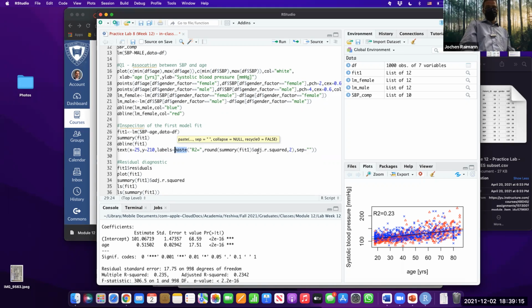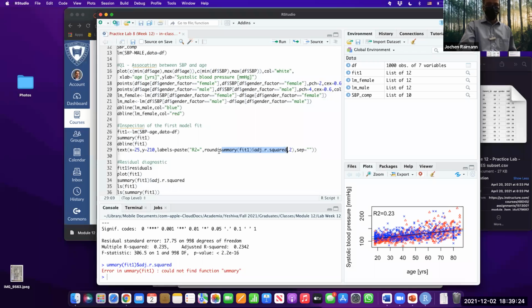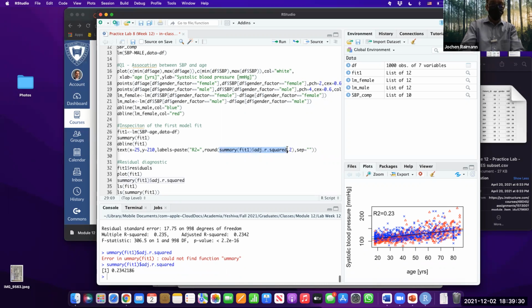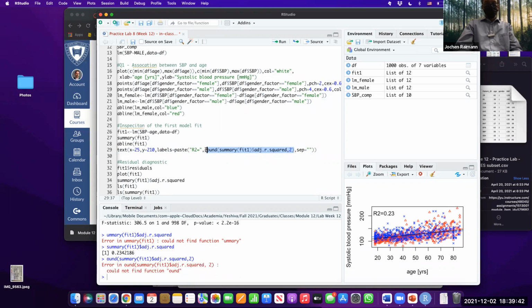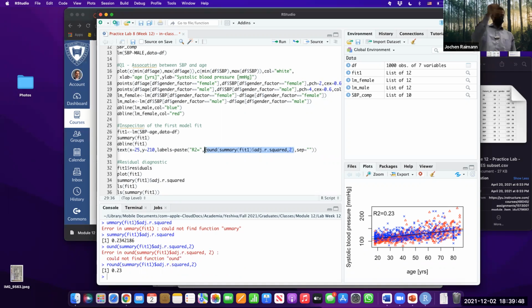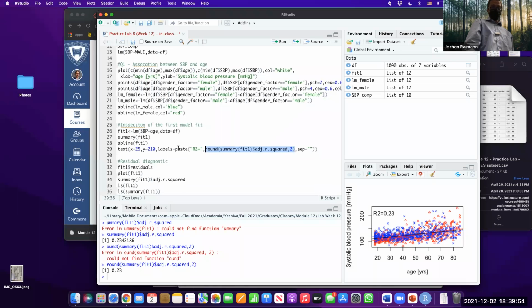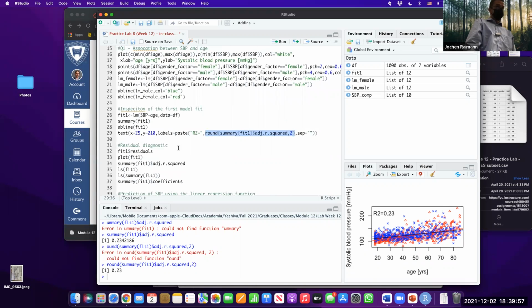So summary of the fit, adjusted R squared, allows you to get the R squared. And all you do with that formula, round R squared to 2 decimals, is you're basically plotting it together with the R2 on your graph. So this is a fairly simple way to plot text on your plots in R.